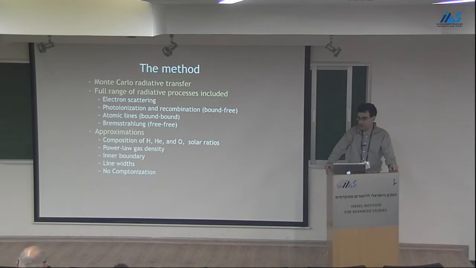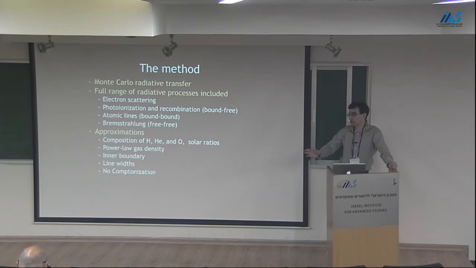We also have some collisional processes, although they tend to be subdominant to the radiative processes for controlling the ionization states of the material. Some simplifications to keep in mind. The composition of the envelope that we're looking at initially is hydrogen, helium, and oxygen, not other metals so far, just because it takes additional work to do the atomic modeling to include the other metals.